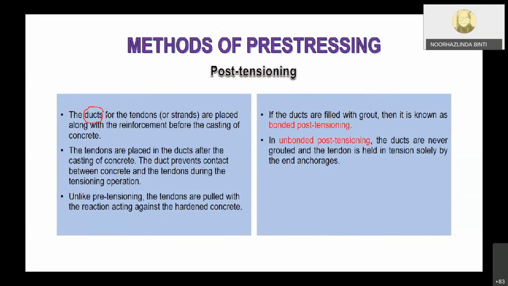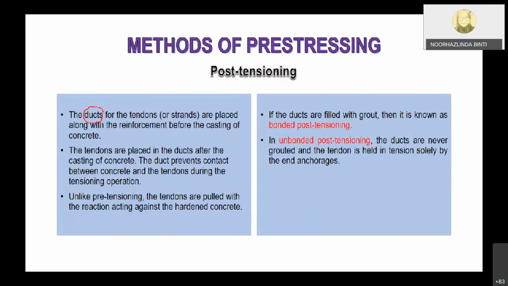So the tendons are placed in the ducts after the casting of concrete. The duct prevents contact between concrete and the tendons during the tensioning operation. We install this duct together with other reinforcement of the beam, for example, and then we pour concrete.